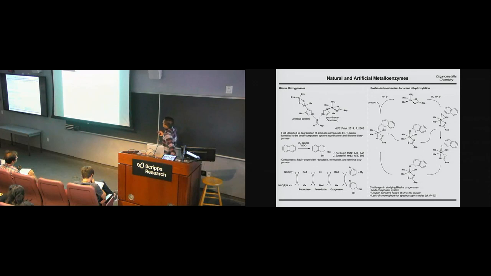And from here, I think two pathways can be conceived. The first one, which is drawn here, would happen through a coupled O-O bond cleavage and substrate oxidation to generate the following iron oxo species.